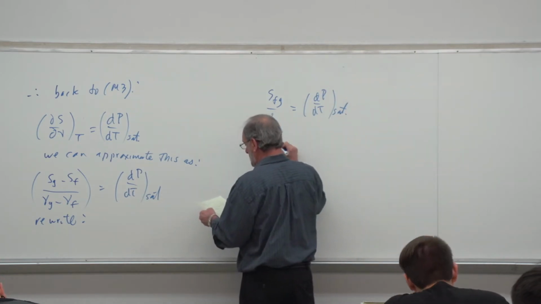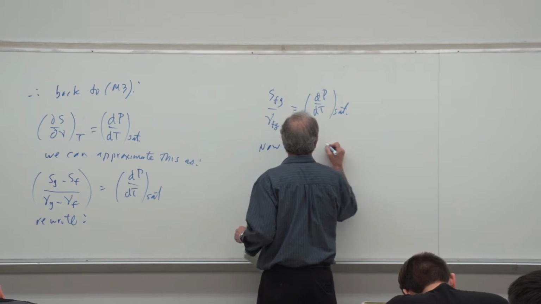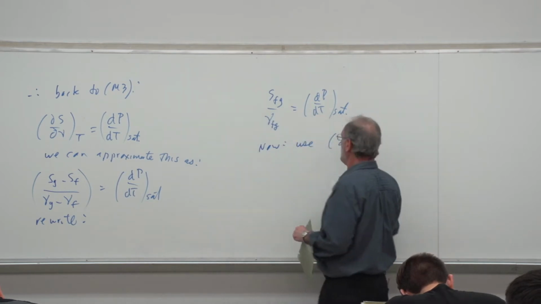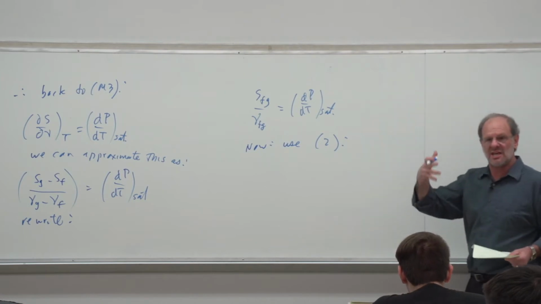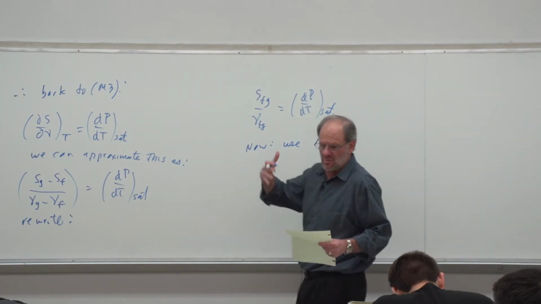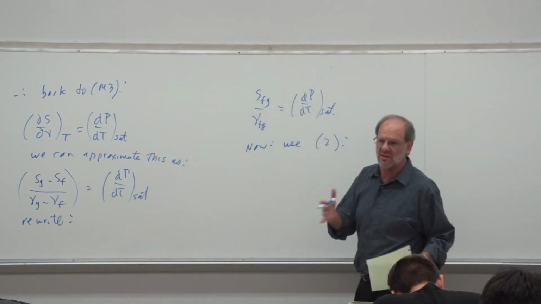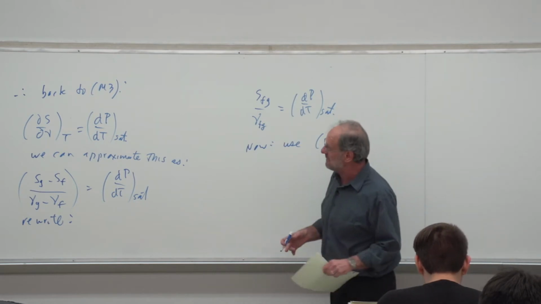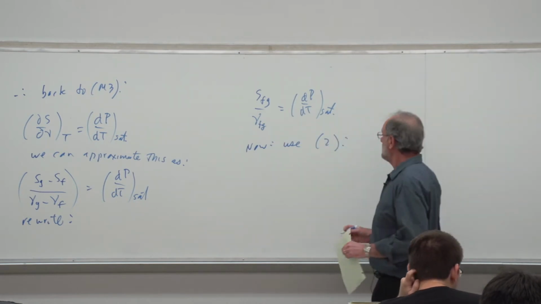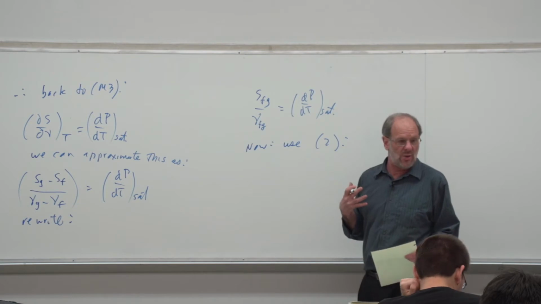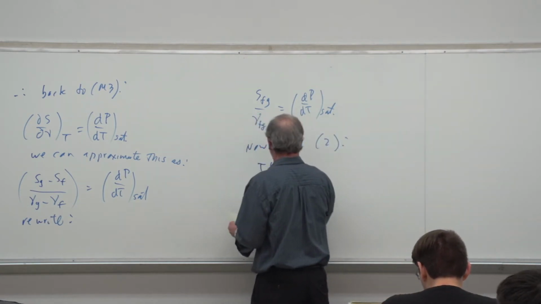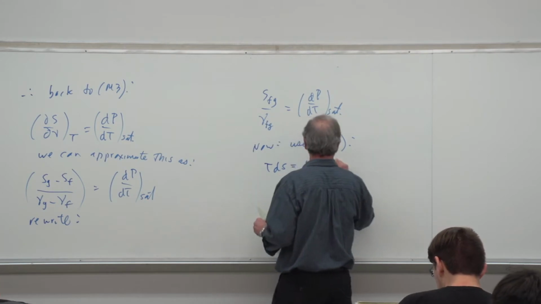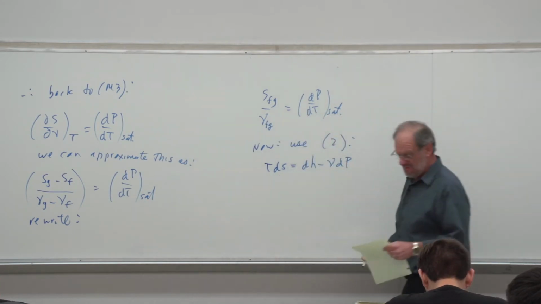But now, let's use equation 2. Keep in mind that equation 2 was the second of the TdS relationships that was first presented to you back in Chapter 7, and now we're in Chapter 12 or something like that. So I call it equation 2. This is in your notes from last time. Basically, that's the equation TdS equals dH minus VdP.